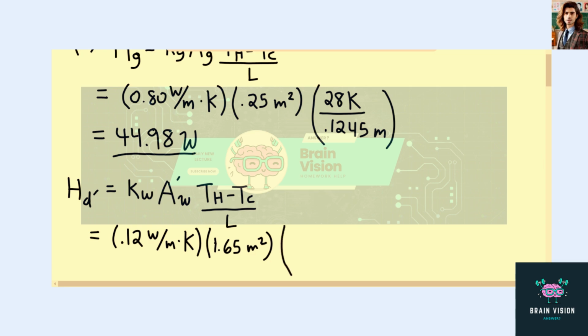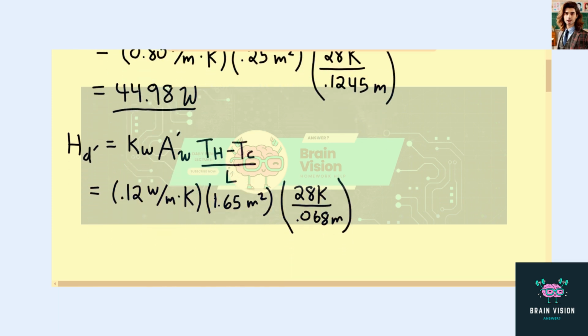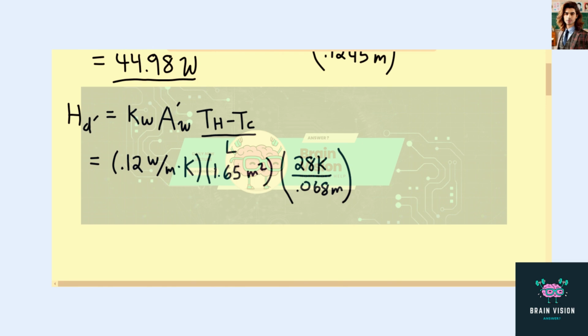And times the same temperature difference, 28 Kelvin. And this length of 0.068 meters. Again, same thickness as our normal wooden door. That hasn't changed, just how much area there is. Multiply that out, you get 81.53 watts.